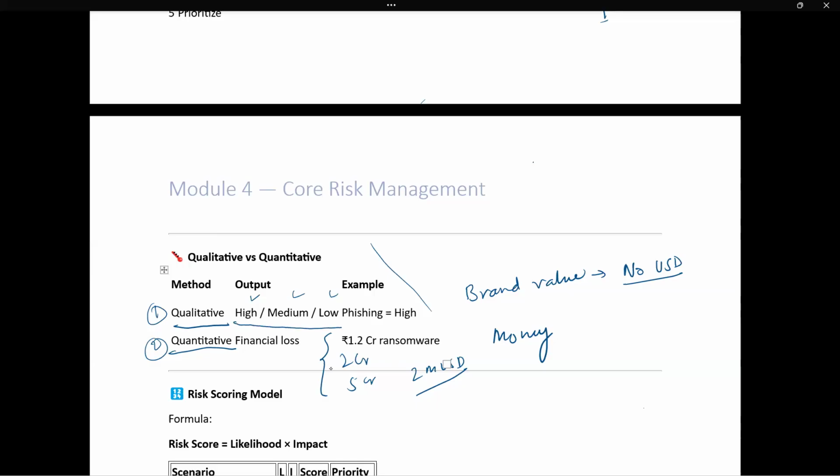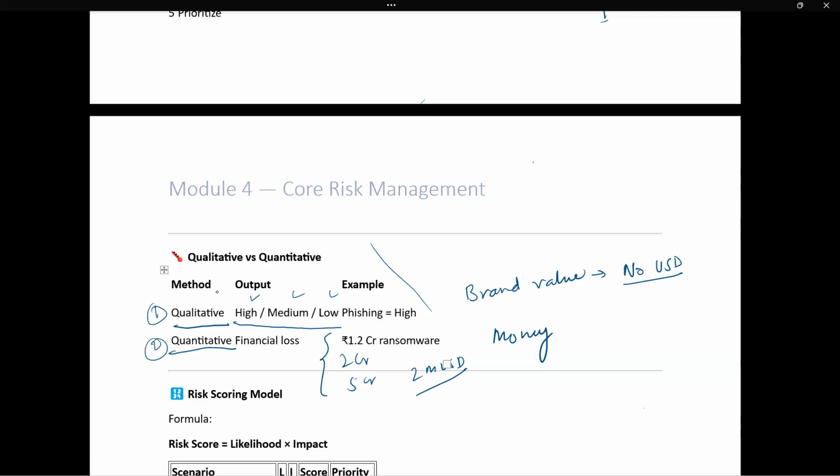So what you do, you do not perform this analysis alone. You perform this analysis with a team where you ask for their inputs. For example, we have 3 people on this call. If I ask you that if a cyber breach happens to this particular company ABC, and maybe ABC is a bank, how much brand value would be lost?